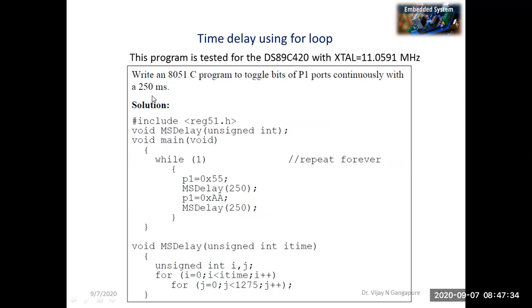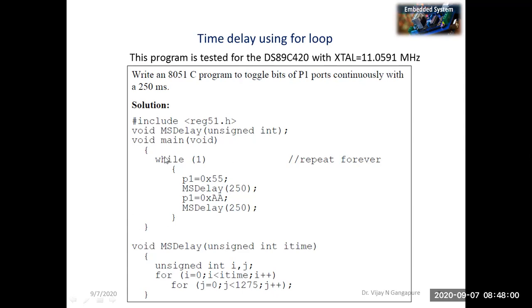While writing this program we have assumed that the microcontroller is DS89C420 and the crystal frequency used is 11.0592 megahertz, because the accuracy of delay is affected by the microcontroller design as well as the crystal frequency used, which we have already discussed.